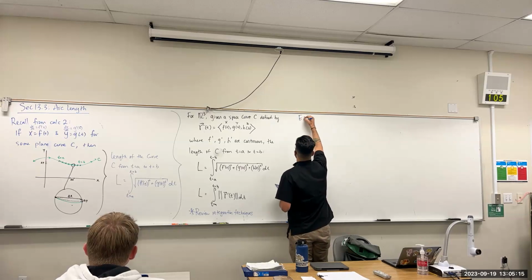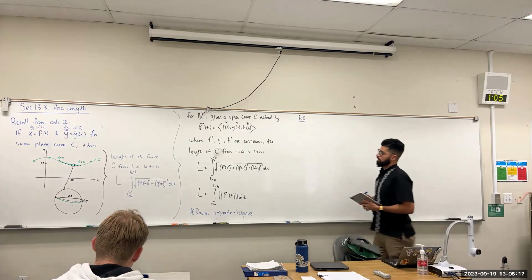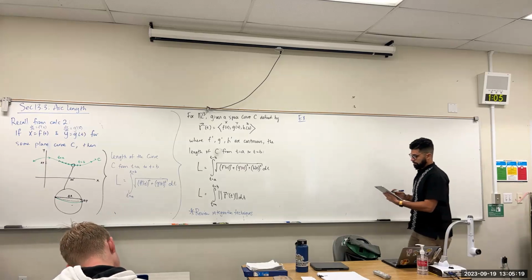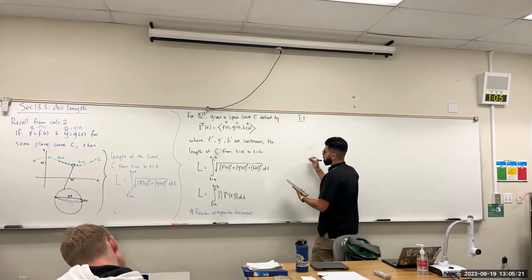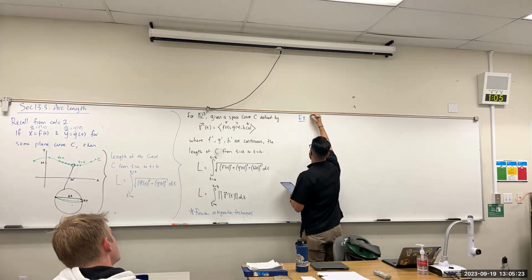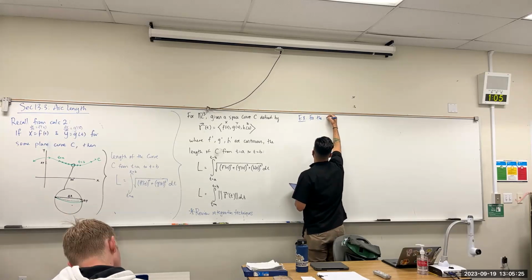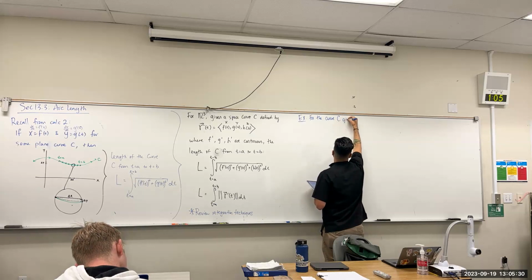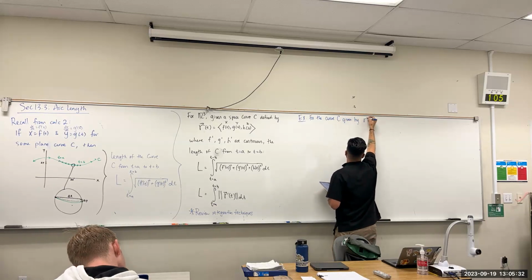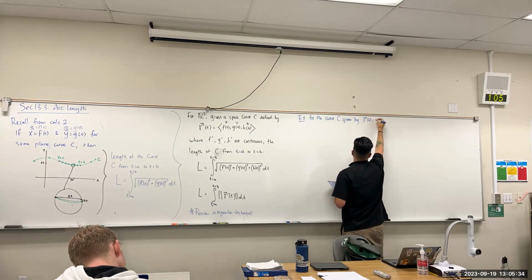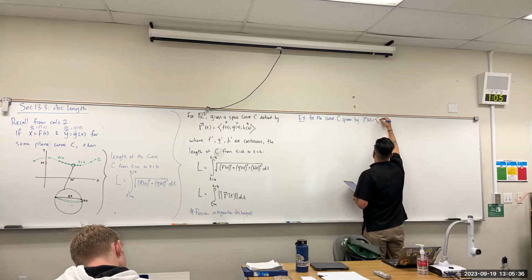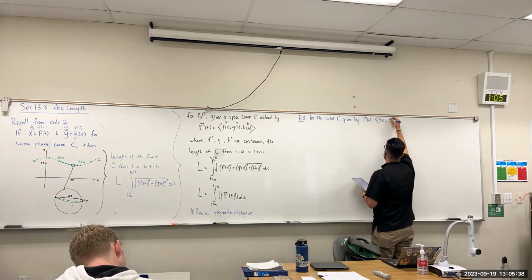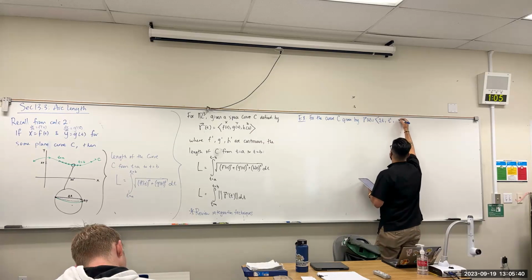So let's try one so we can play with it, kind of see how this is going to work. So this is something you'll see on your homework. It'll say, for the curve C given by, let's say the vector function here is r(t) = <2t, t squared, and 1/3 t cubed>.